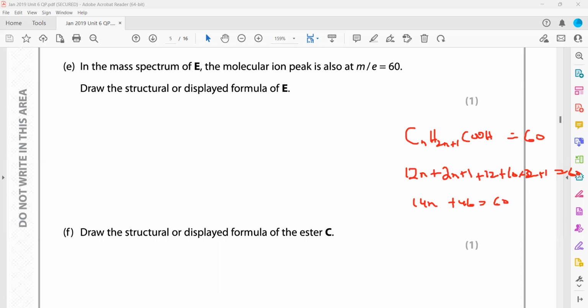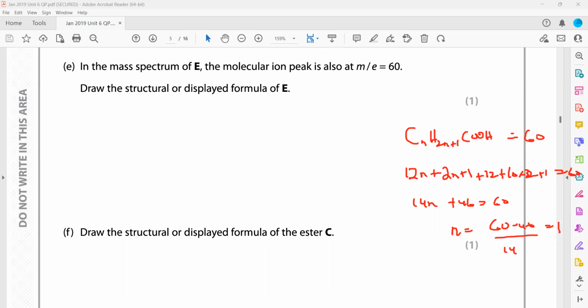Because the general formula for the carboxylic acid is CnH2n+1COOH. When we work out the value of n, 60 minus 46 divided by 14, n is equal to 1.